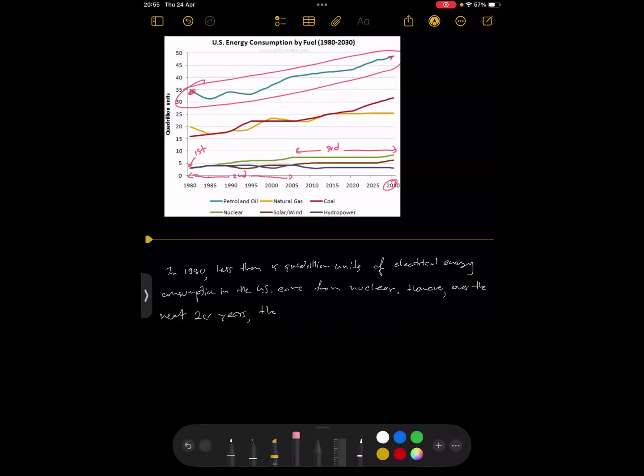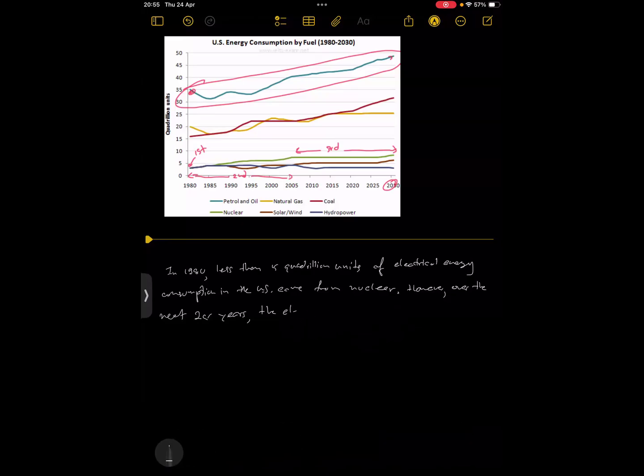I just want to make this a little more clear. The electrical energy consumption for nuclear went up.